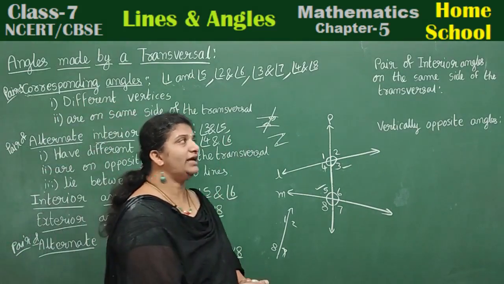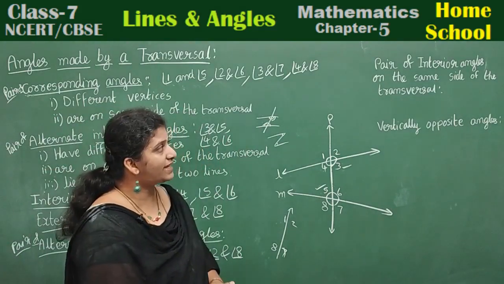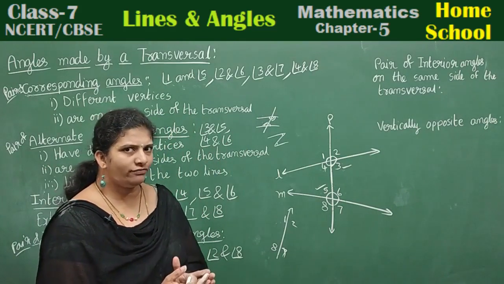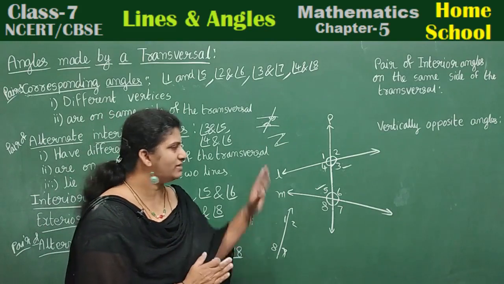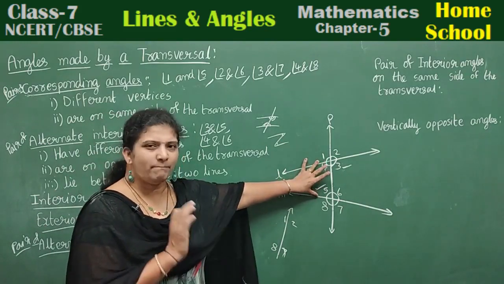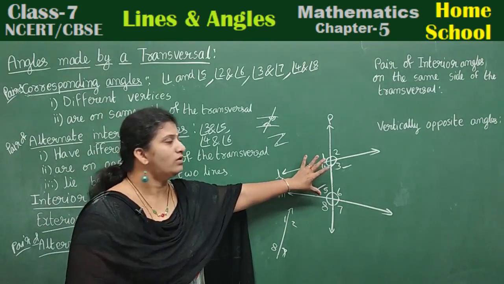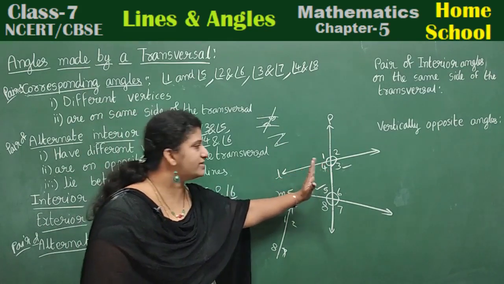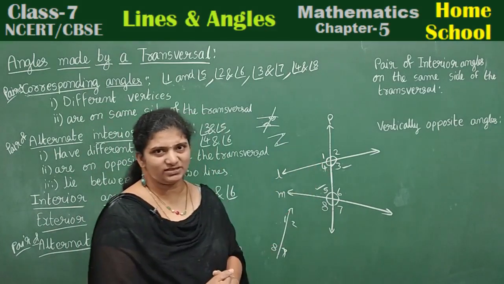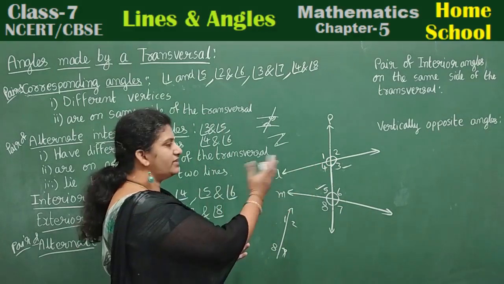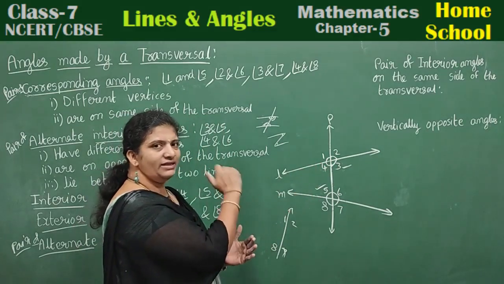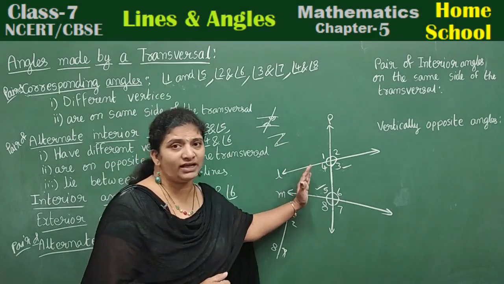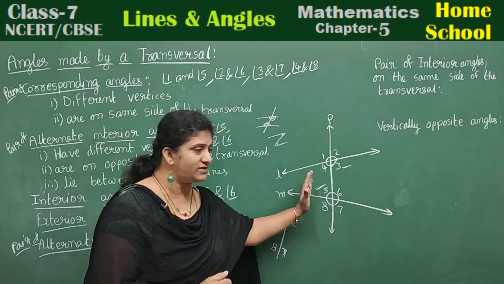Pair of interior angles on the same side of the transversal. Pair of interior means inside the two lines. Pair 2. Pair of interior angles on the same side of the transversal. Same side means this side angles, this side you need to say, that side angles, that side you need to say. Identify now pair of interior angles on the same side of the transversal.